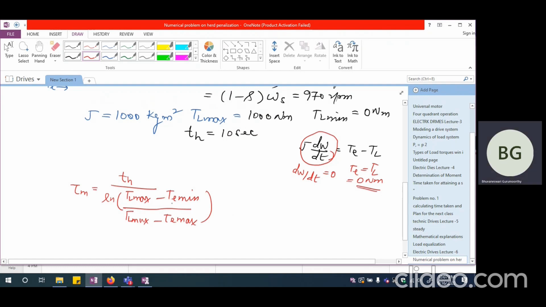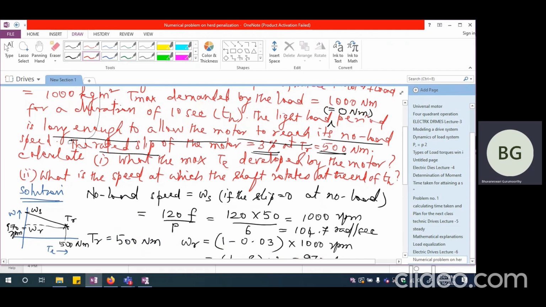And this tau m is given by the expression J multiplied by (omega no load minus omega rated) divided by T rated. This is the tau m expression. Now we calculated already that 1000 RPM corresponds to 104.7 radians per second.